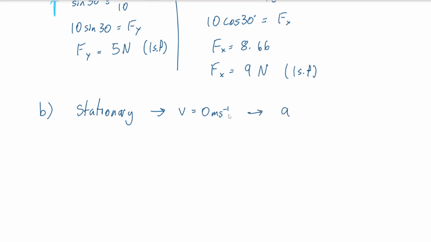Which means if there's no change in speed, acceleration is 0. And by Newton's law of motion, we know that the net force must therefore be 0. The forces are balanced. The tug of war between you and your dog, right? Your dog is pulling back with as much force as you are pulling, in order for there to be a net force of 0, so there's no acceleration, so it's stationary.